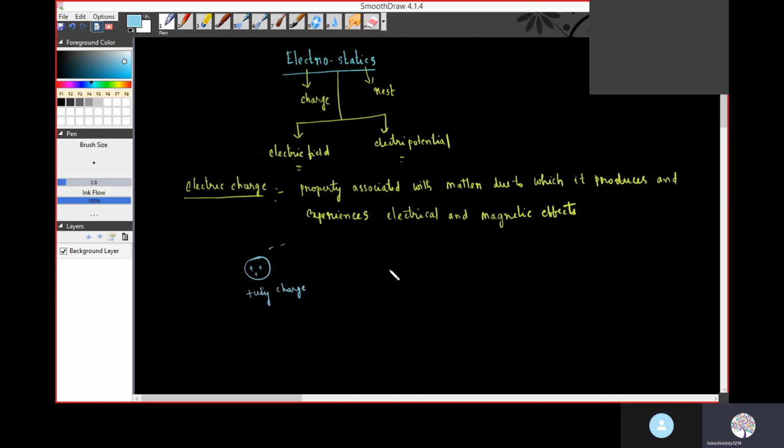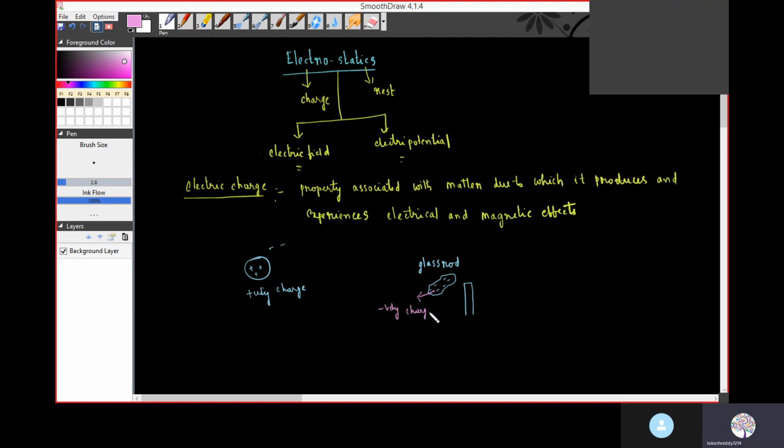Now you take a glass rod and rub it with a silk cloth. If the glass rod is rubbed with silk cloth, then this silk cloth removes electrons from it, which means it acquires electrons. When it acquires electrons, we say it has more electrons, so it is negatively charged.